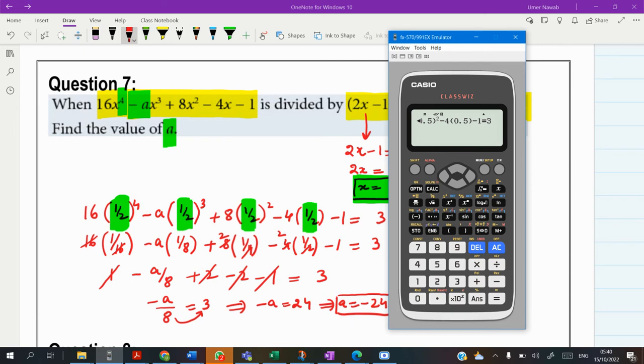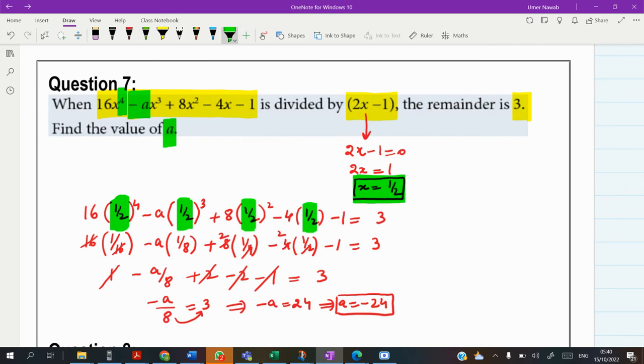When you write this expression in the calculator, shift solve, your calculator is giving you minus 24, which we have already found by manually solving the equation. So minus 24.